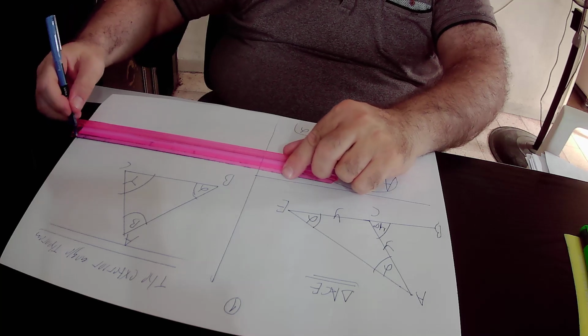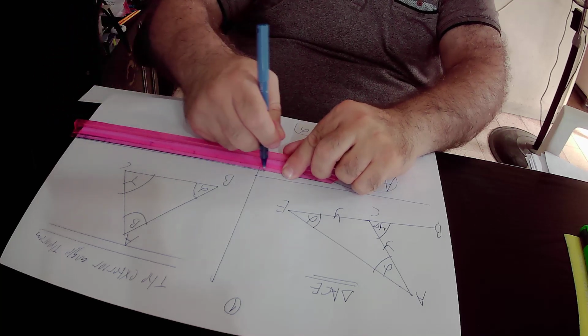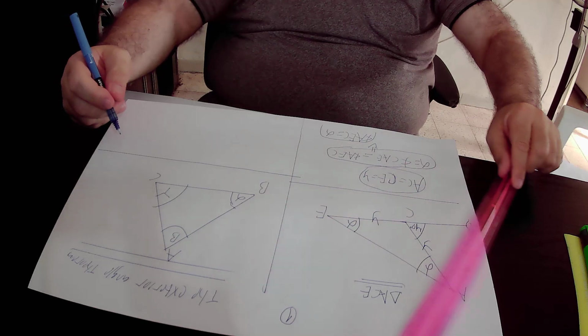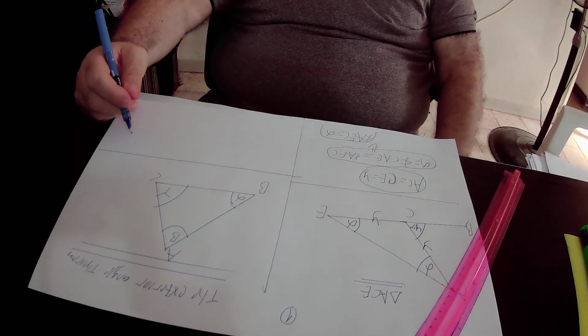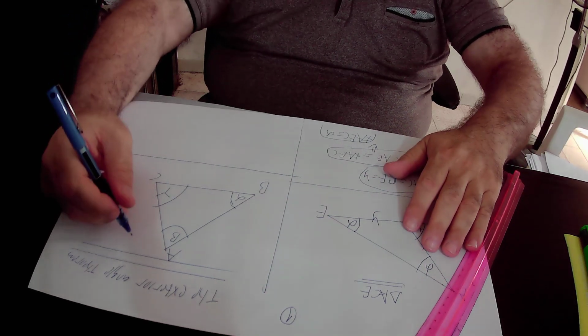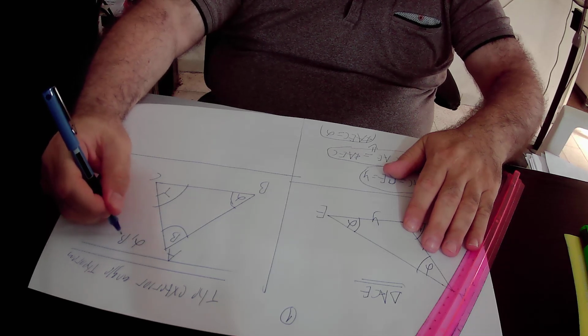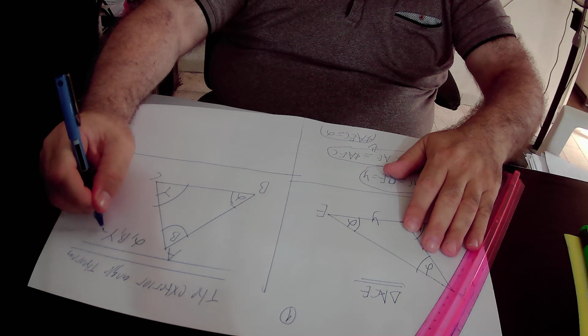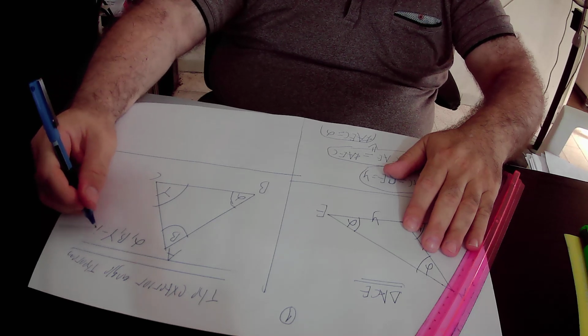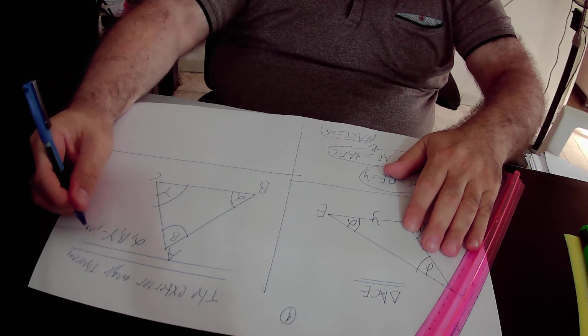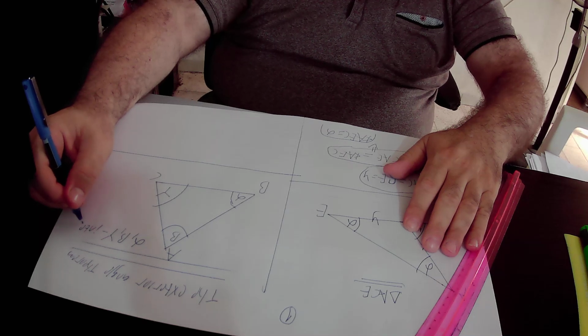So angles alpha, beta and gamma are located inside triangle ABC, and therefore they are defined as interior angles. Angles alpha, beta and gamma are defined as interior angles because they are located inside triangle ABC.